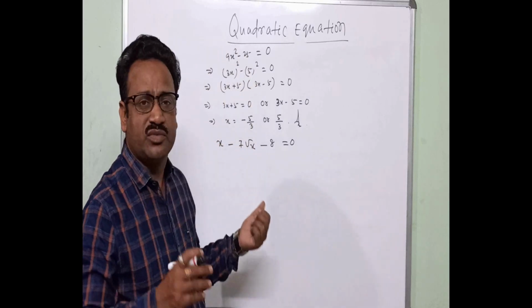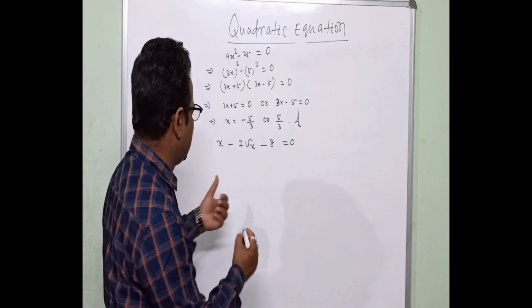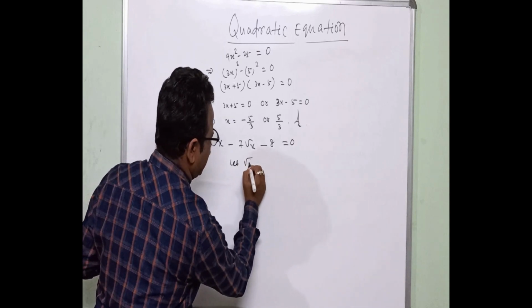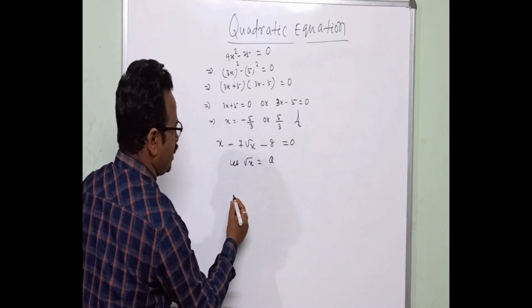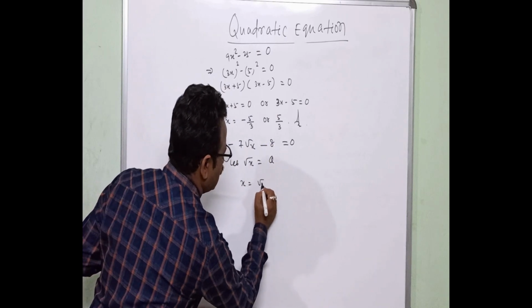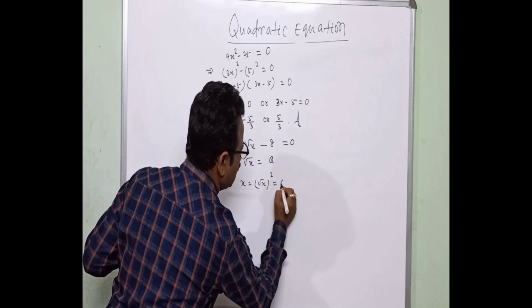So here don't panic. Let root x is equal to a. Now x is equal to root x square, which is a square.